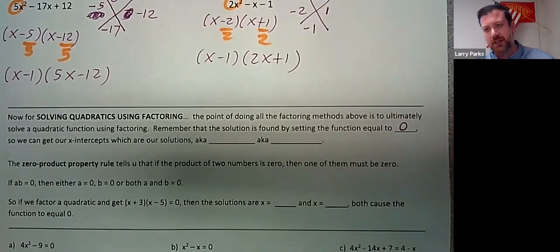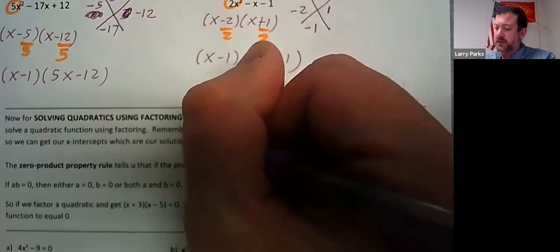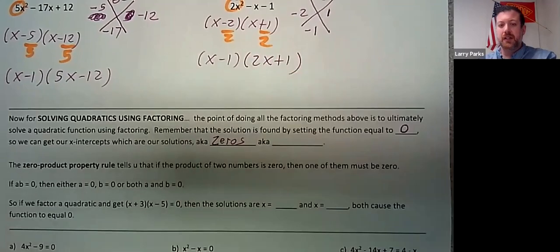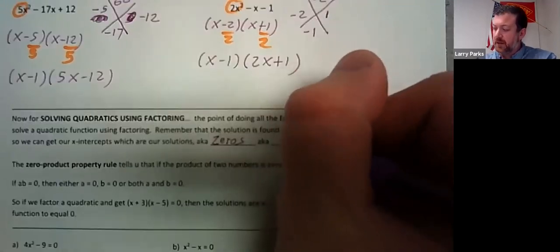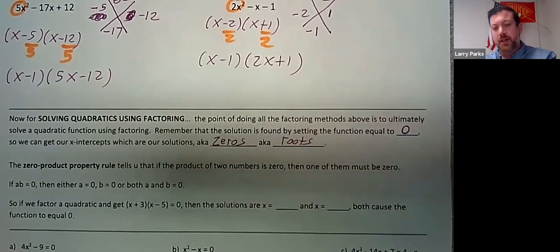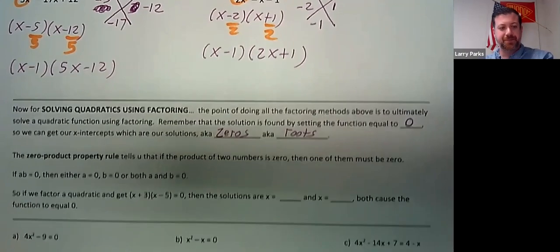Y equals 0, that would be when y is 0, so that would be the x-intercepts. We're looking for x-intercepts. And we also call x-intercepts other things. We could call those zeros. You may also see these written as roots. You may also see these written as solutions, which is what they say.